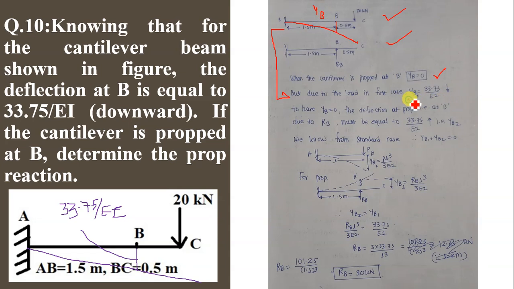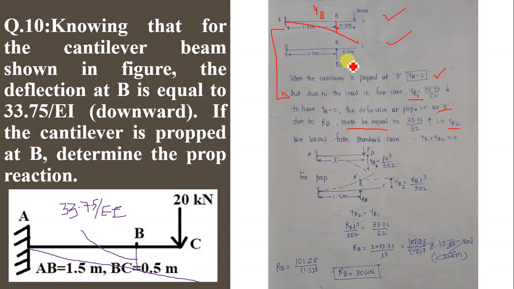This deflection I will indicate as YB1. Now to have YB equal to 0, the deflection at the prop, that is at B, must be equal to 0. Due to RB, this is the deflection due to RB, and it must be equal to 33.75 in the upward direction, that is YB2.